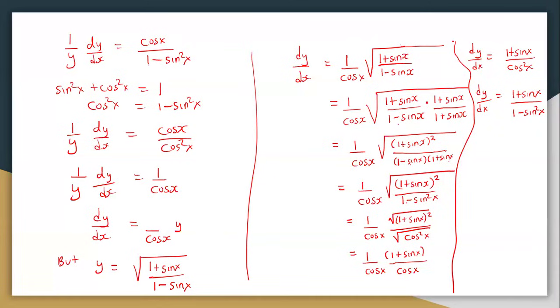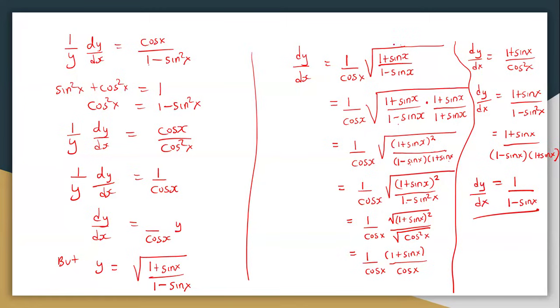Then you come back again, what is 1 minus sine squared x? This is 1 plus sine x out of 1 minus sine x into 1 plus sine of x. So the 1 plus sine x terms can cancel, and you remain with 1 out of 1 minus sine x. So that is your dy dx as the question wanted.